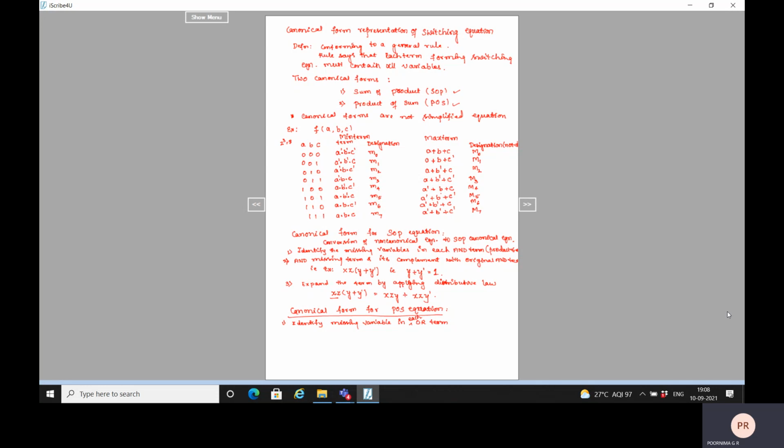In each OR term, the missing variable has to be identified. It may be a term or terms. Then AND the missing term and its complement with the original OR term.